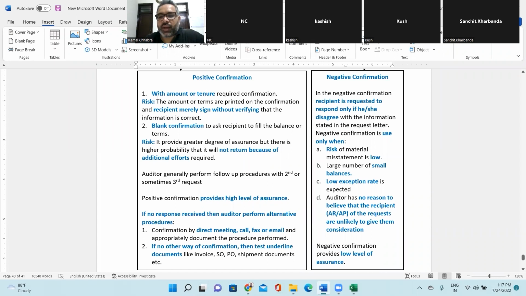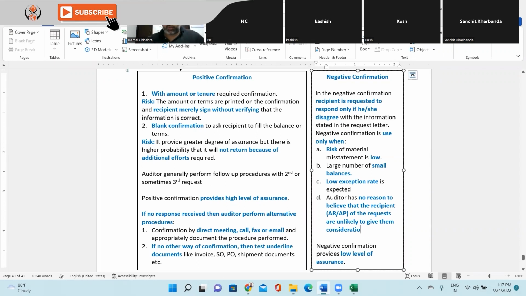And the auditor has no reason to believe that the recipients of the request are unlikely to give them a confirmation. In that case only, you will be sending the negative confirmation, and negative confirmation provides a low level of assurance. It does not provide a high or moderate level of assurance.